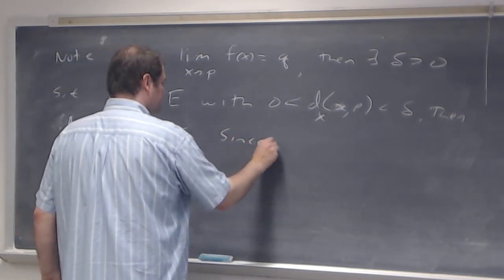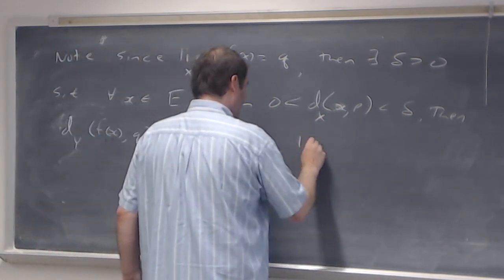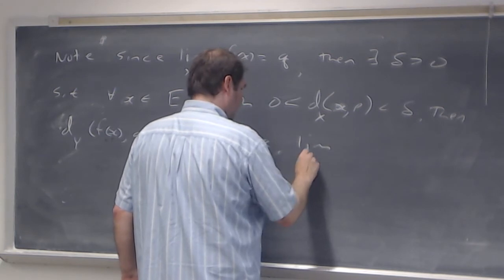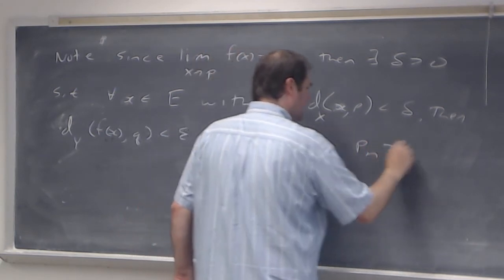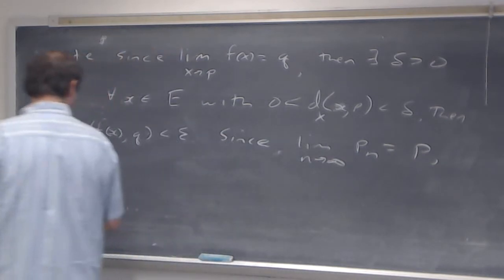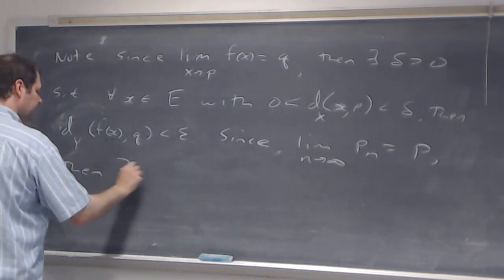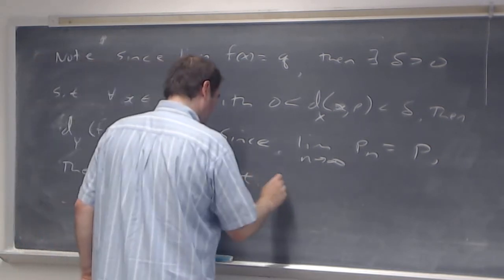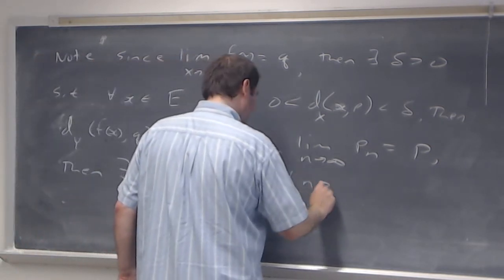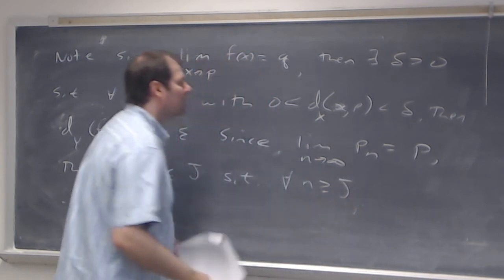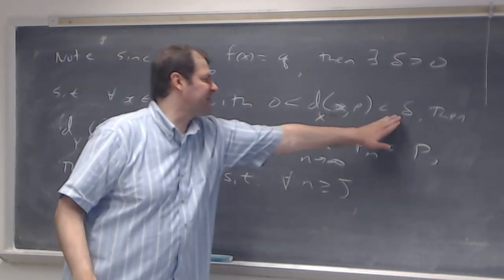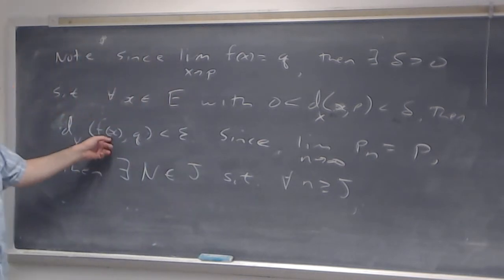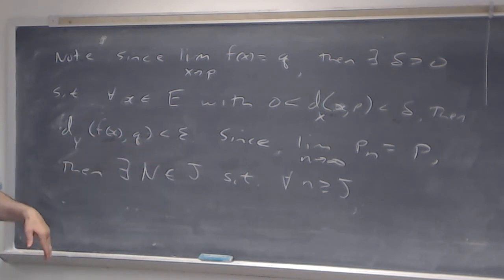So since the limit as n goes to infinity of p sub n equals p, then there exists an N element of J such that for all n bigger than or equal to N, I know if the input values are within delta units of p, the output values will be within epsilon units of q. I want the output values of the p sub n to be within epsilon units of q.